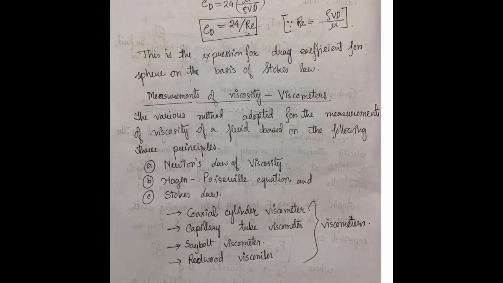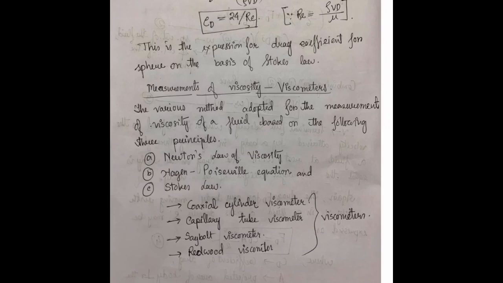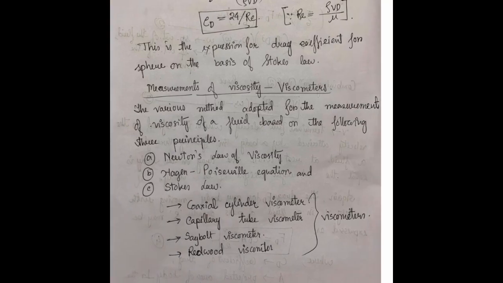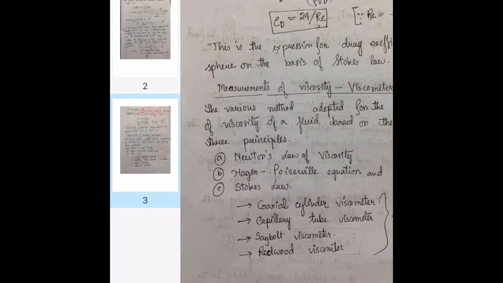Next, for the sphere, Fd equals 3 pi mu V d, and the area of the sphere is given by pi d² divided by 4.